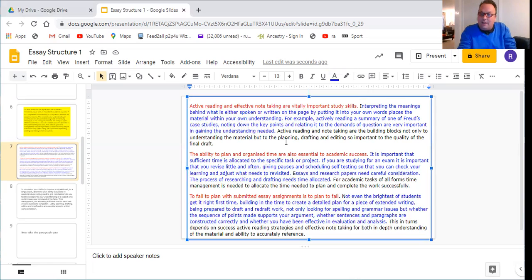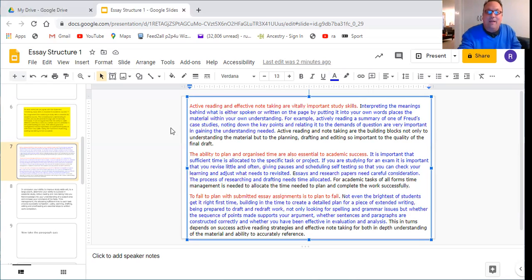And the last one, it says, this in turn depends on success of active reading strategy, note-taking from both depth of understanding and material and ability to accurately reference. So it makes the link from internal to it is making a comparison.